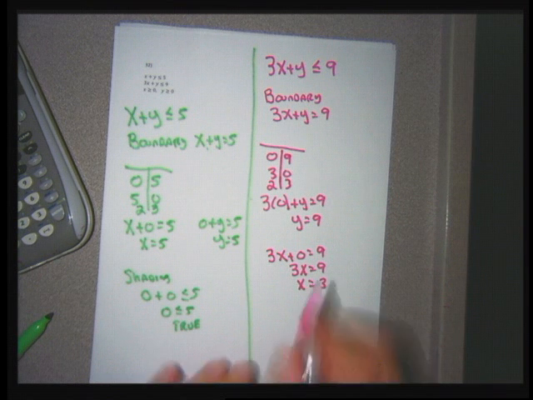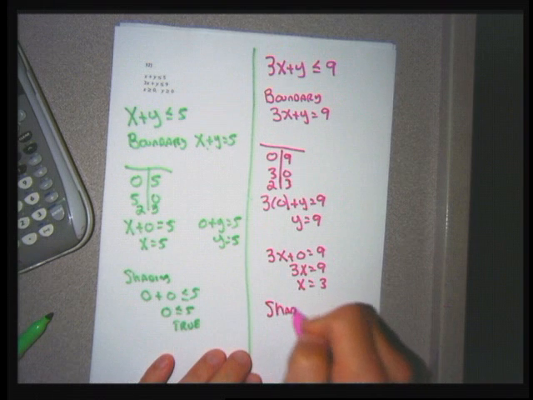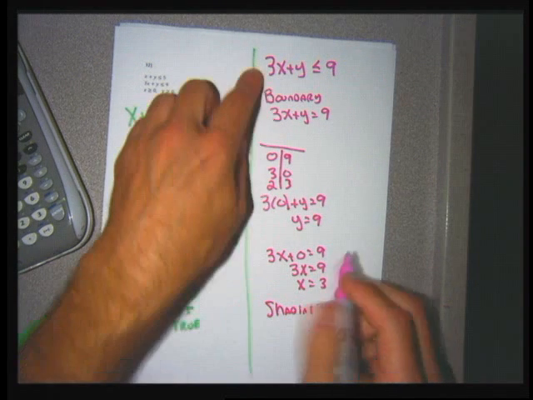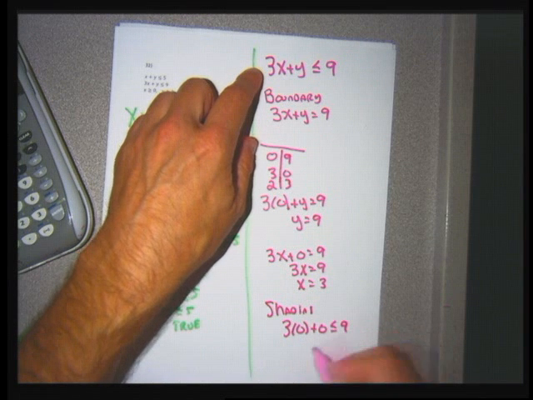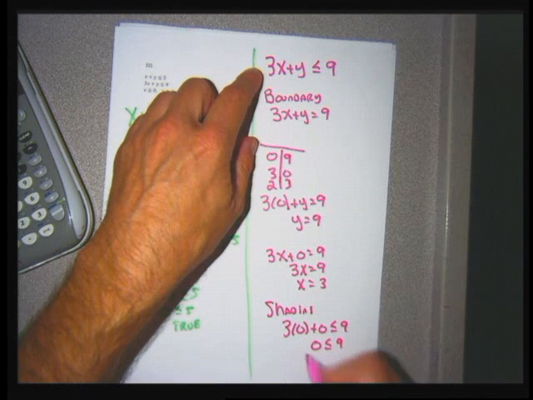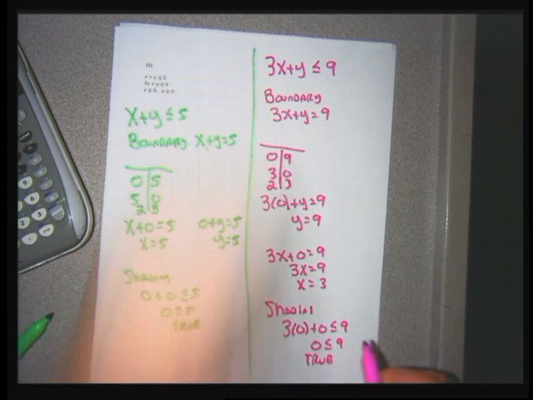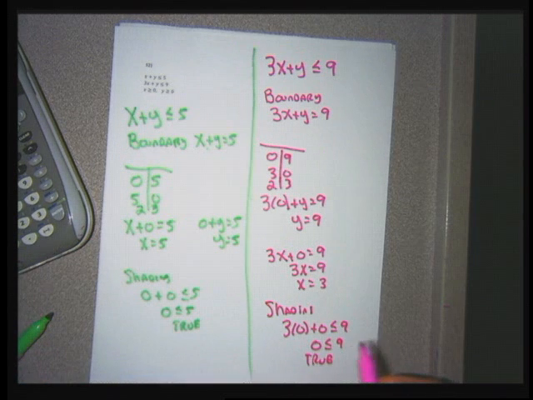Now my shading, finding out the true side of the line: 3 times 0 plus 0 is less than or equal to 9, gives me 0 is less than or equal to 9, which is true, so 0, 0 is on the true side of the line. So I'm going to plot those 3 points, 0, 9, 3, 0, and 2, 3.